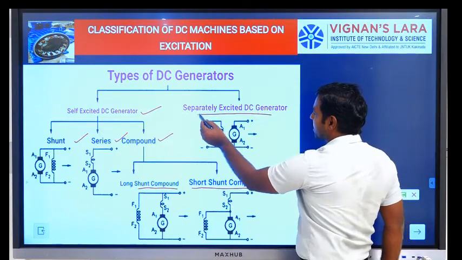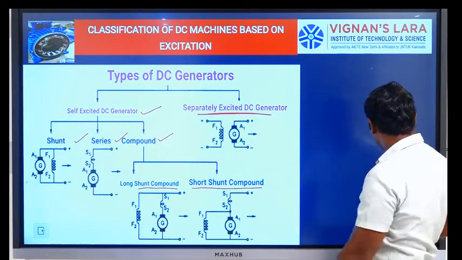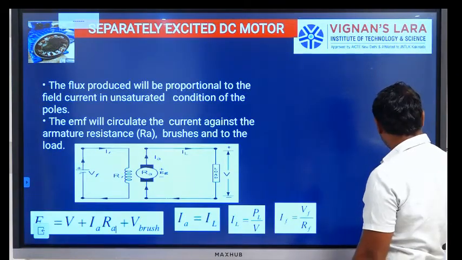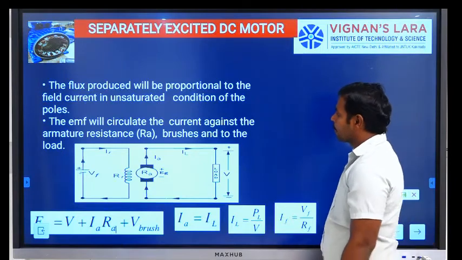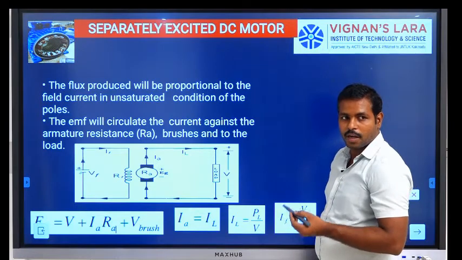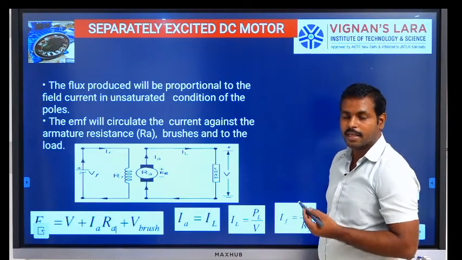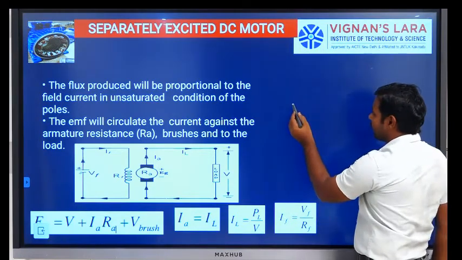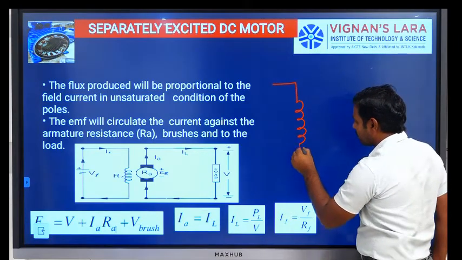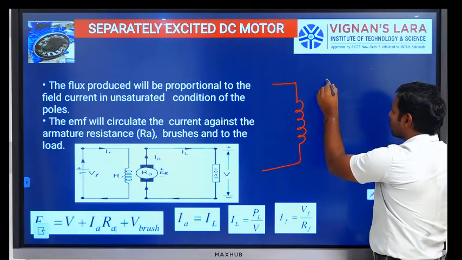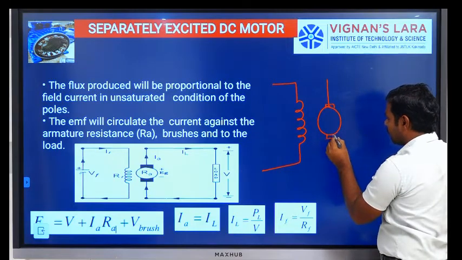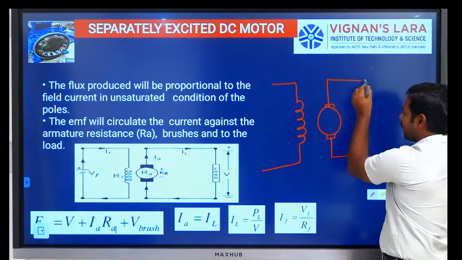First one is separately excited DC generators. Generally the single line diagram of a DC generator is always represented as a field winding connected in parallel with the armature, followed by two brushes.